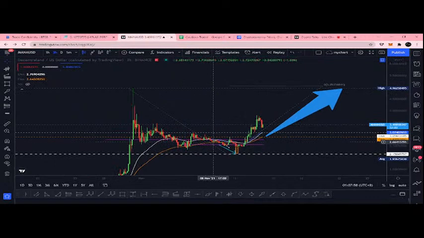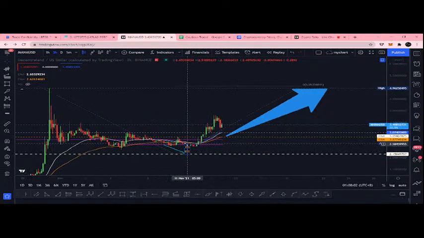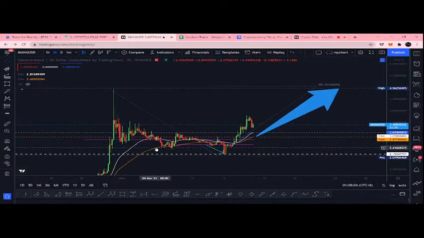So you can see here that there is a bullish divergence and then a doji followed by a breakout to the point of control here, and then a golden cross, a breakout to the VWAP, and another breakout to the point of control.